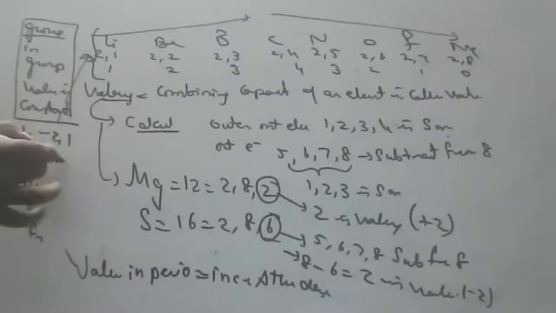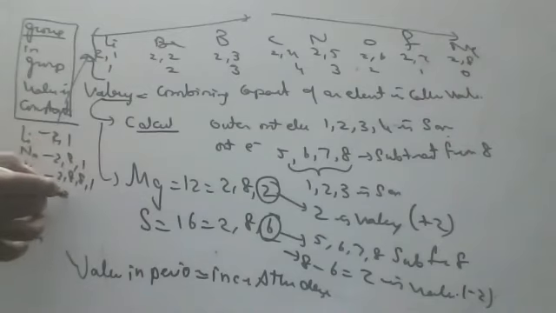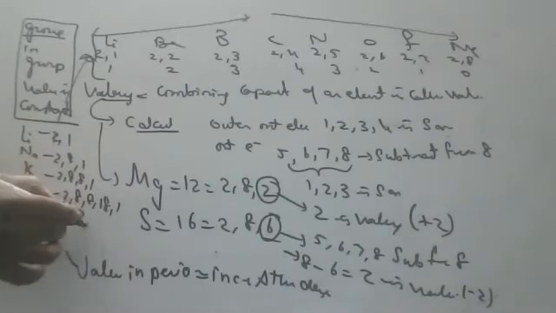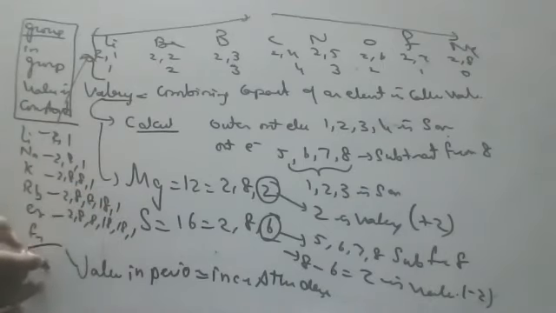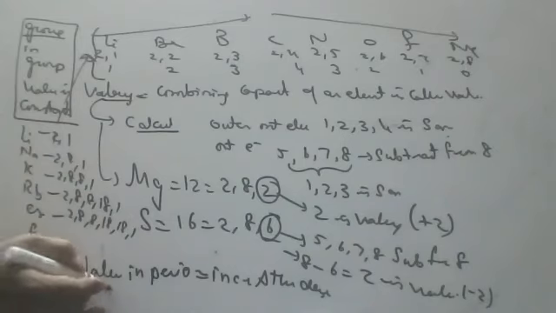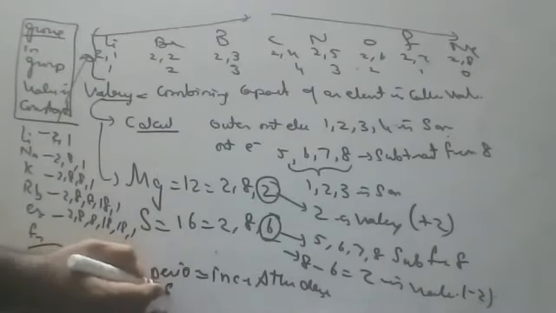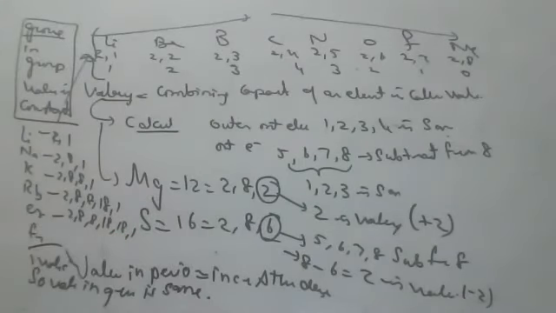Their configurations are 2,1; 2,8,1; 2,8,8,1; 2,8,8,18,1; 2,8,8,18,18,1. Everyone has one valence electron, so valency in a group is the same. Valency in a group is constant.